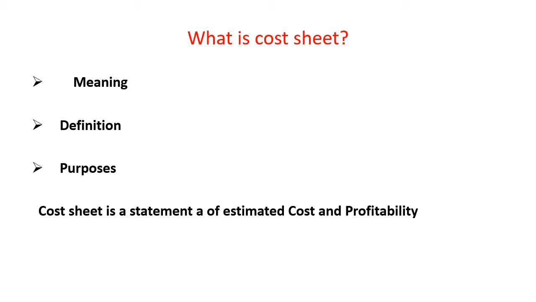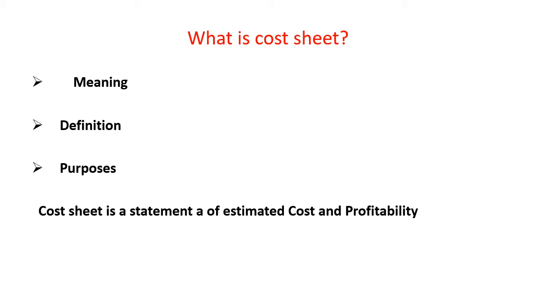Cost sheet is a statement usually prepared to present the analytical cost of total production during a particular period. There is no fixed form of preparation of cost sheet, but in order to make the cost sheet more useful, it is generally presented in columnar form.